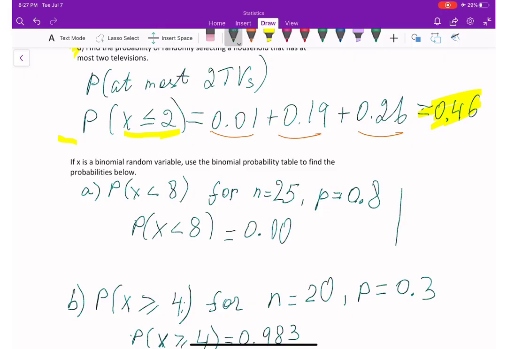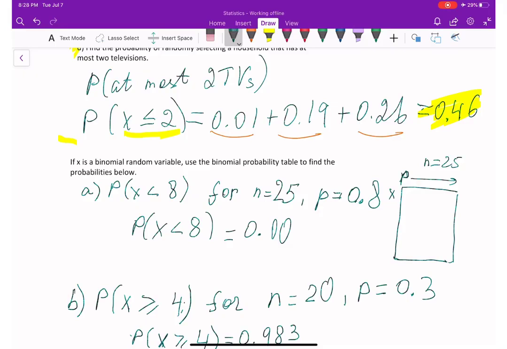This is your probability table. On the top, horizontally, you have probabilities: 0.1, 0.2, and so on. Vertically down, you have x, for n equal to 25, because you have several pages for n equal to 20, n equal to 25, and n equal to 15.